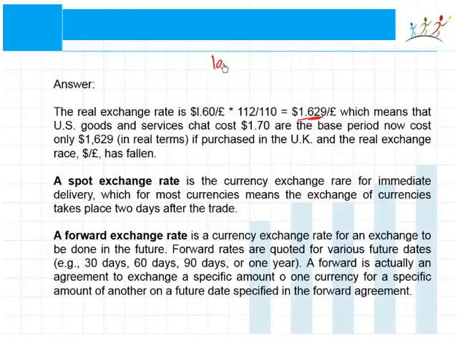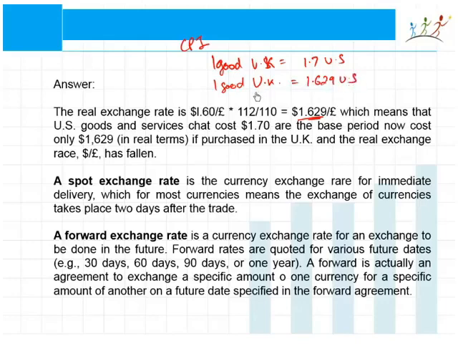So one good in the UK was earlier equal to 1.7 goods in the United States. One good, or one bread, or one commodity, or rather one basket, since we're talking of CPI. So one commodity basket on average in the UK is now worth only 1.629 commodities in the US.